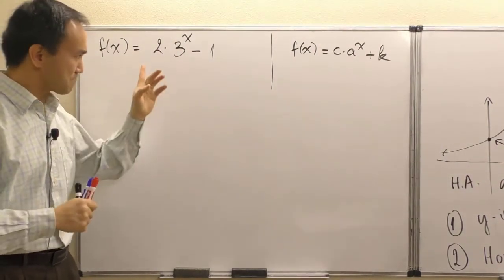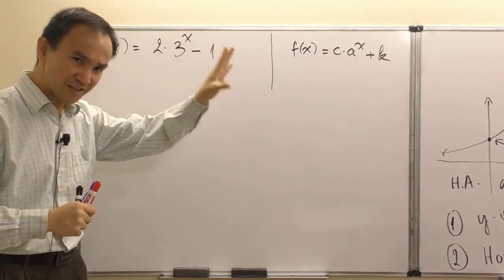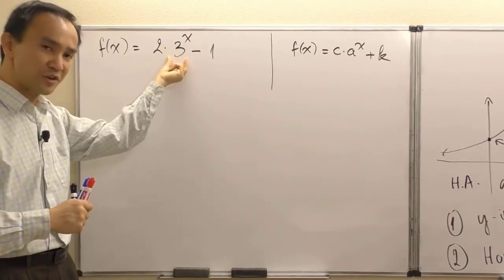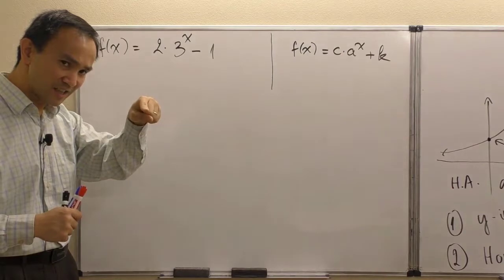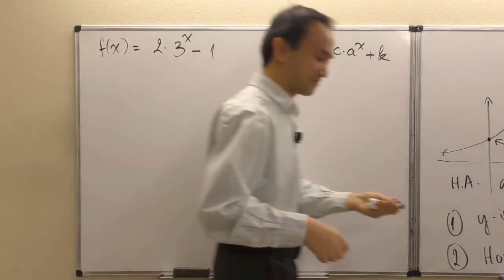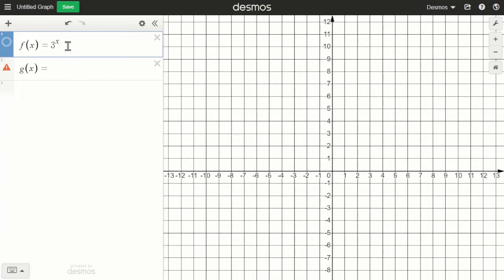All right, so the parent function, as we have agreed throughout example 4, is 3 to the x. And that's why on Desmos, I had a line saying f of x equals 3 to the x. Okay. All right, so this is our parent function. And so, as I already discussed throughout example 4, the function that is 2 times 3 to the x minus 1, or we can call it g of x, really is 2 times the parent function and minus 1.